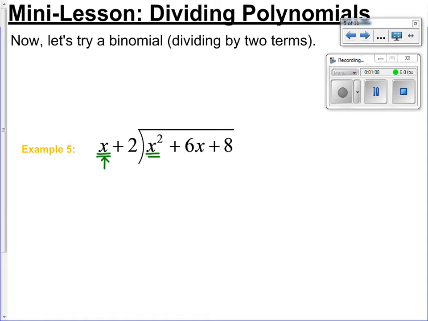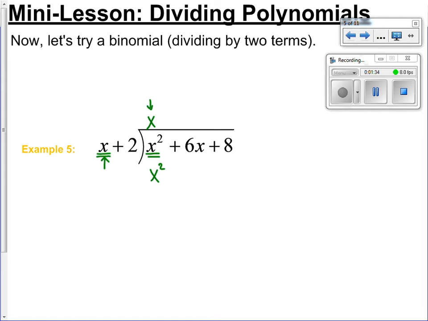Alright? So if I'm just trying to figure out how many times x goes into x squared, my answer will be, well, it goes x times. So that's what I'm going to put down for my quotient. So now when I do my division, I'm going to do x times x, which is x squared. But I also have to distribute the x from my quotient to both parts of my divisor.